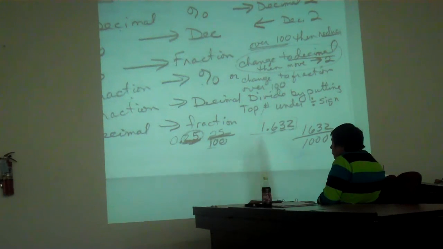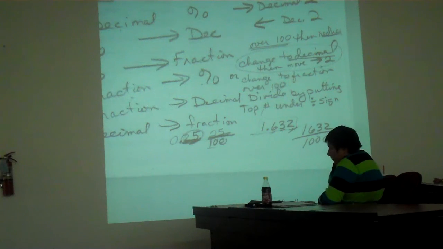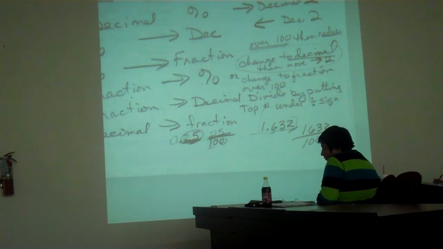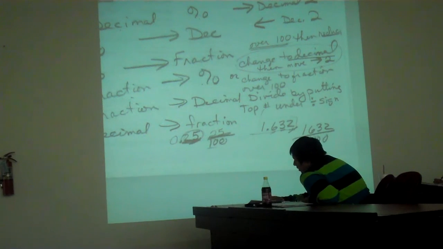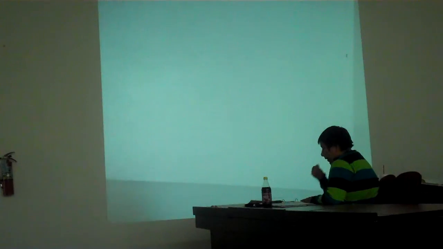You put all the numbers over the place value. Okay, so you're going to be doing lots of converting back and forth. And 6.3, that'll be the last section, right? Okay.